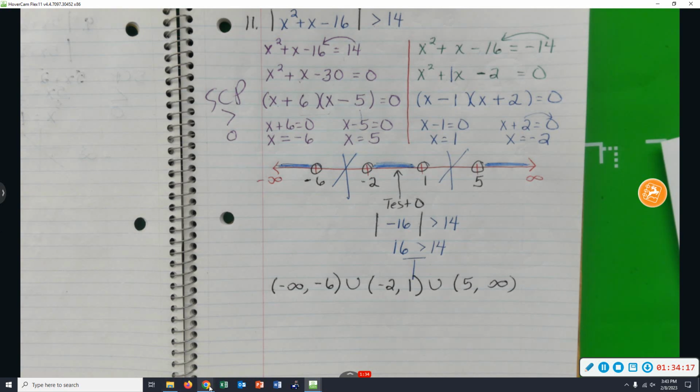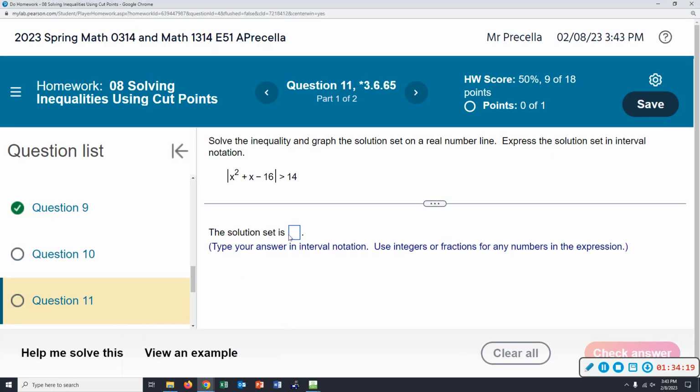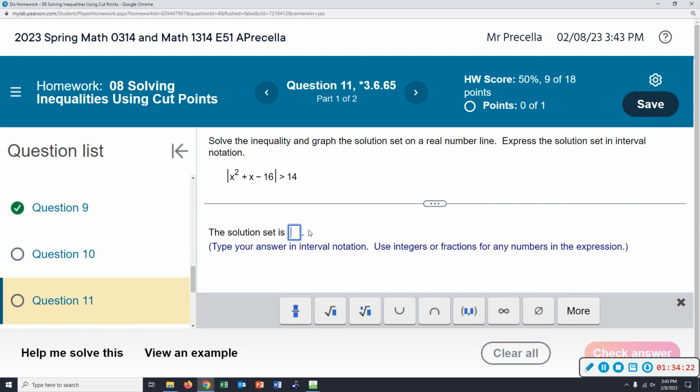Okay. Typing it in. If you can do this problem, then you can do a problem that a lot of algebra students can't. Okay. Union, left parentheses, -2, comma 1, right parentheses, union.